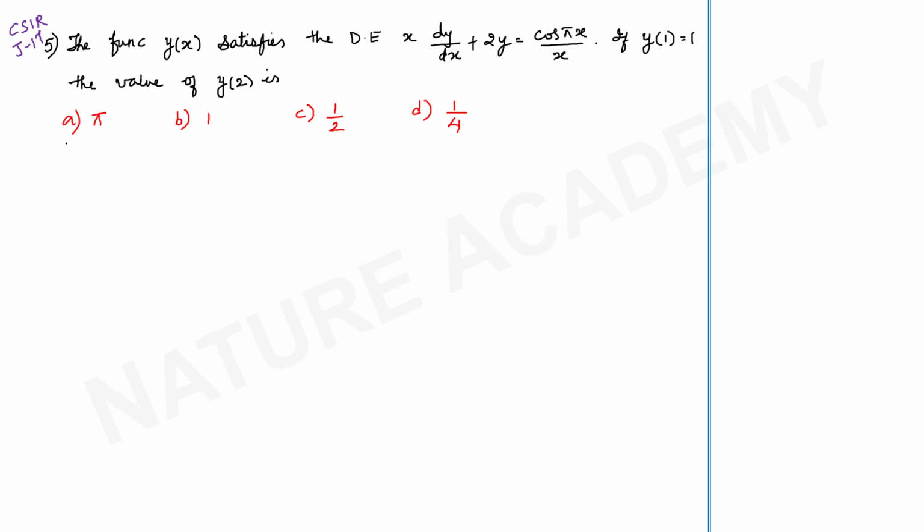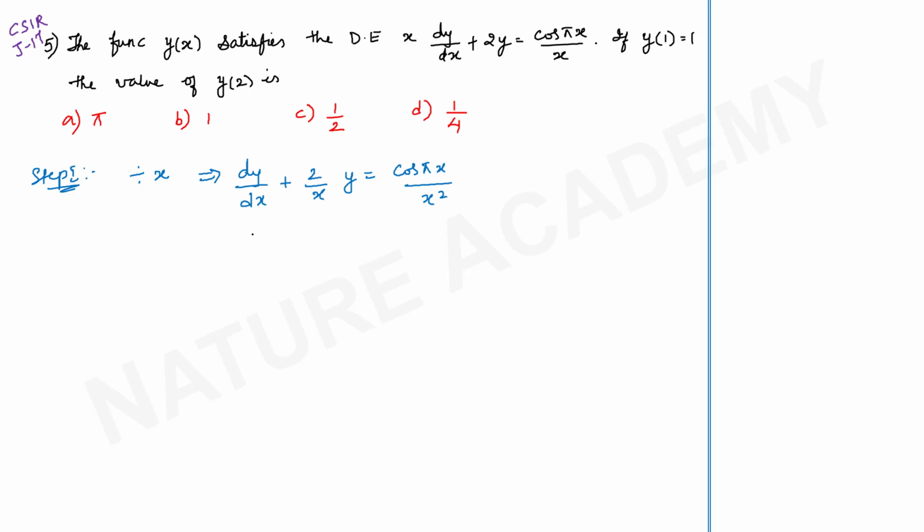So let us see first the differential equation, how it looks. Does it look like a general form? Yes, it looks like it. The only thing is I have to rearrange it a little bit. So let me rearrange it. That will be my step 1. I will divide this differential equation by x, so that I get dy by dx plus 2 by x into y is equal to cos pi x by x square.